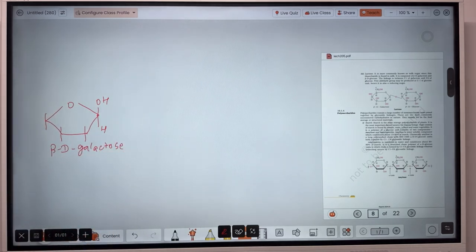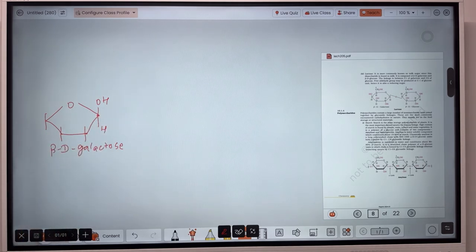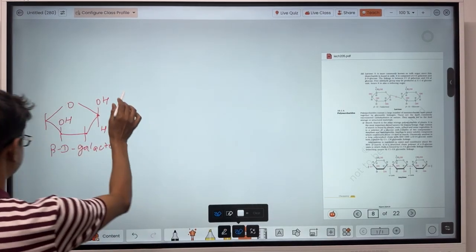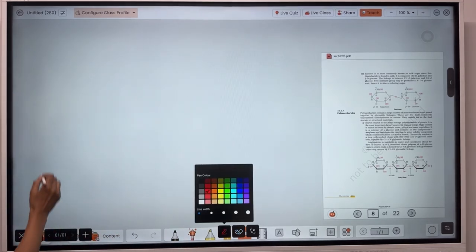This is the structure. First, second, and third. Oh, sorry, here I made a mistake. The structures of glucose and galactose are similar.